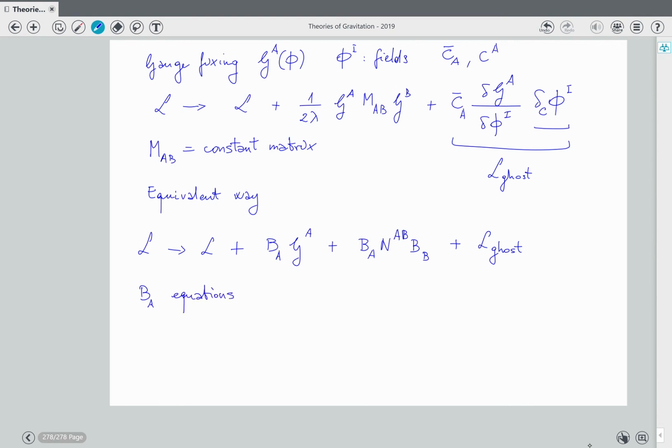BA equations, that is 0 is equal to GA plus 2NB. Let's use the matrix form.